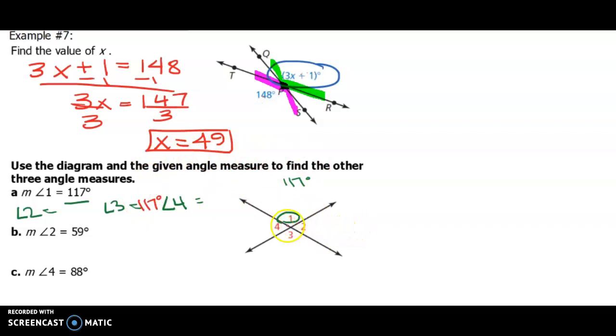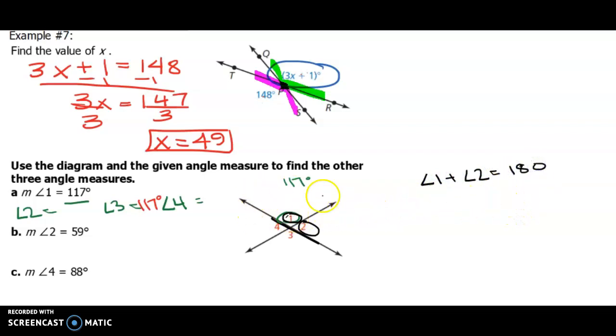All right, now angle 2, let's look at this. Okay, notice that we have a line right here, and angle 1 and angle 2 together form that line. So we can say that angle 1 plus angle 2 are a linear pair, which means they're supplementary, which means they add up to 180.